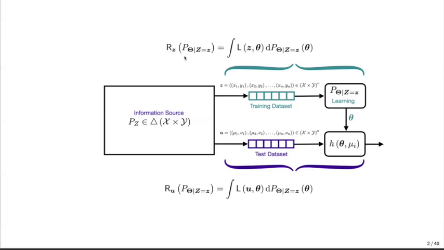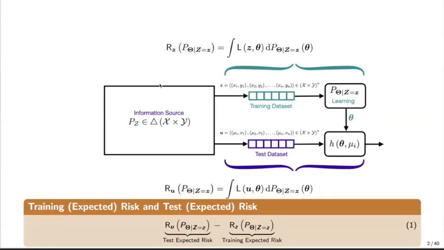So this is the expected empirical risk when the data set has been kept fixed at Z, and models are being chosen randomly from this probability distribution, right? So I was about to say that if the difference of these two values does not vary too much, if they are sufficiently close to each other, we can say that the algorithm is generalizing well over that test data set, right?